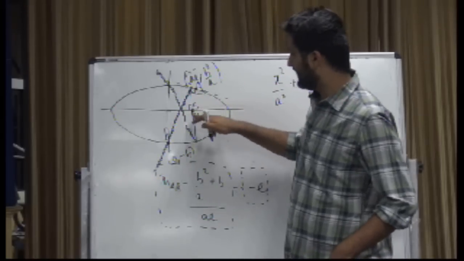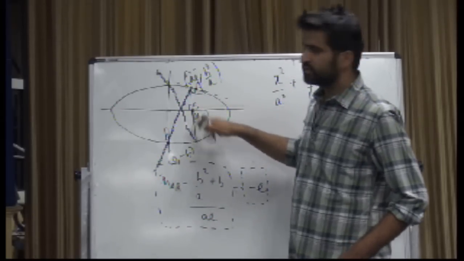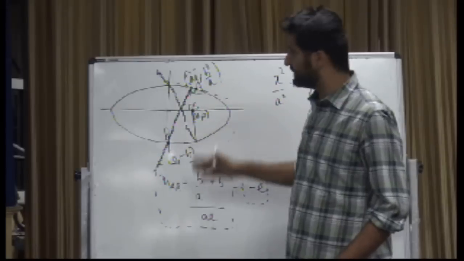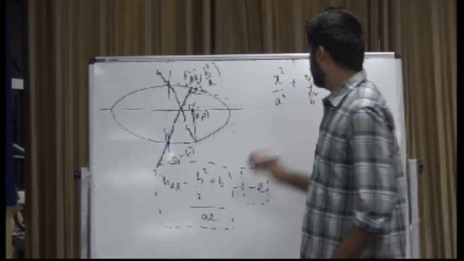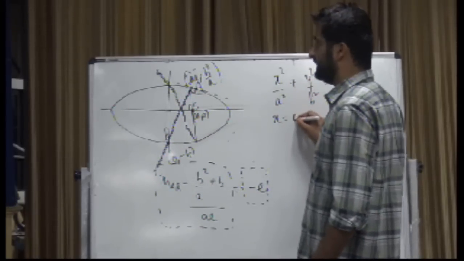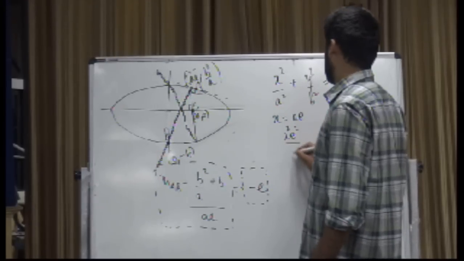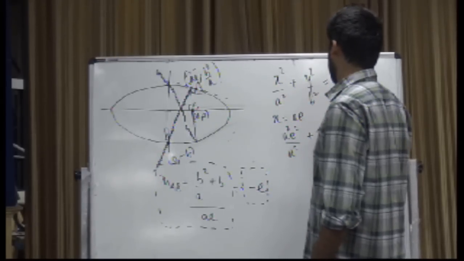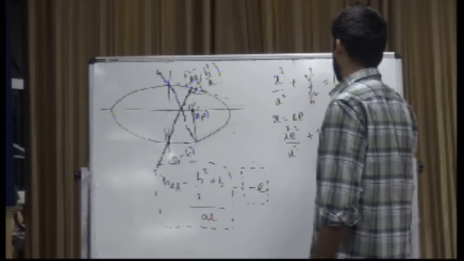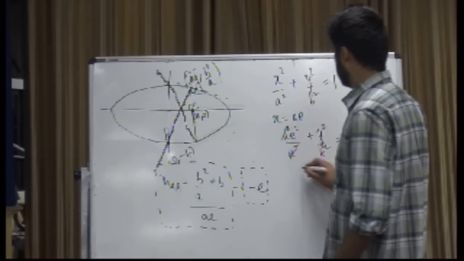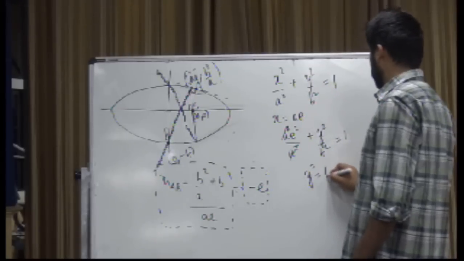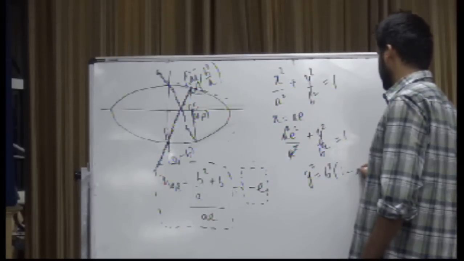So now the x coordinate will be same. Since this is a perpendicular line, the x coordinate will be same as ae. So if you put x is equal to ae, you will get a square e square upon a square plus y square upon b square is equal to 1. So y square is equal to b square (1 minus e square).